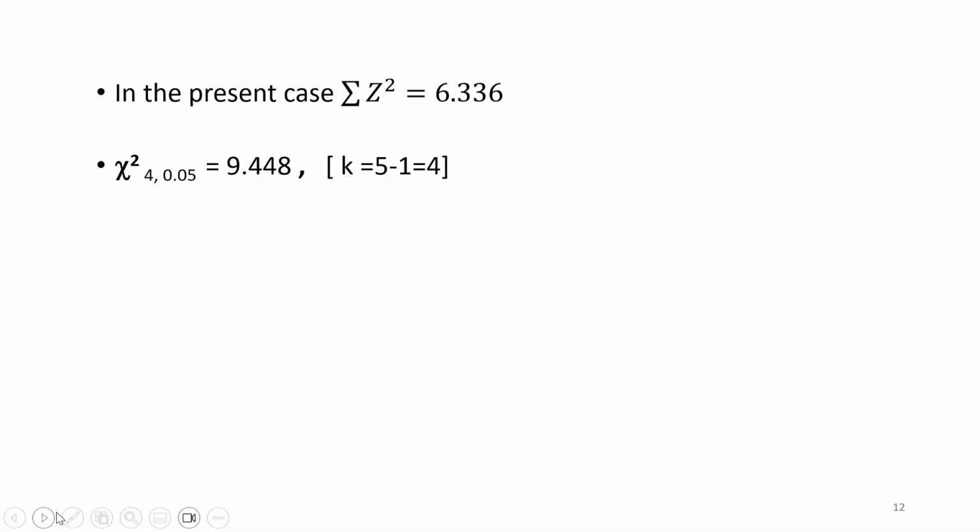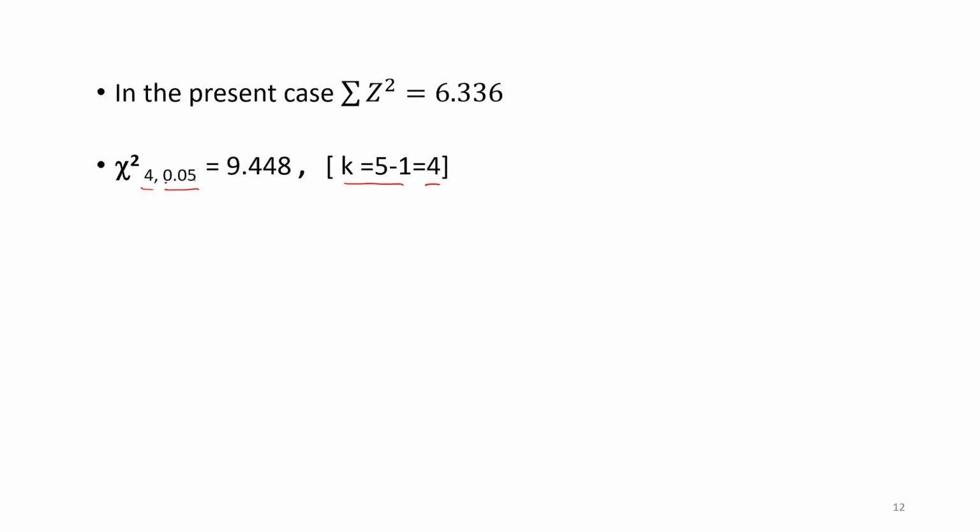Now we have to find out the chi-square value from the table. At the level of significance we have chosen here, 0.05. So if we go to the chi-square table with k, how much is it? 5 minus 1, that is 4. K is the degree of freedom. K is the number of machines. We have 5 looms, so the degree of freedom is 5 minus 1, that is 4.